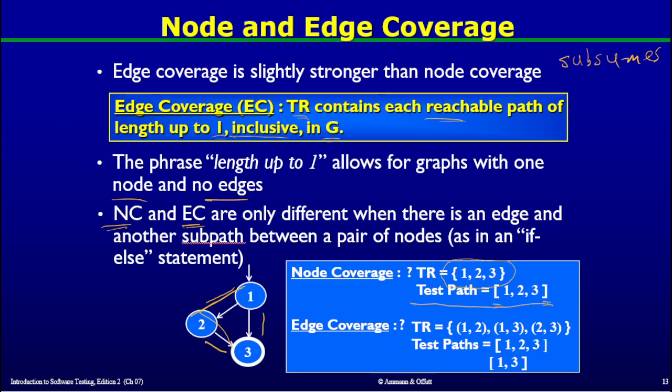Now, in the same way, to find the edge coverage on this graph, the test requirement is to cover edge 1, 2, edge 1, 3, and edge 2, 3. And you can see that this cannot be achieved with just this test path.